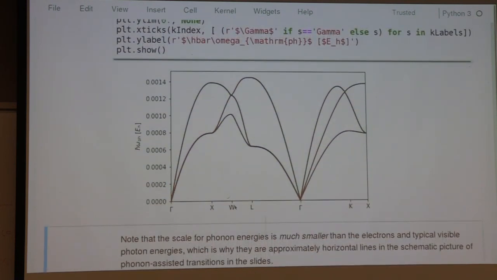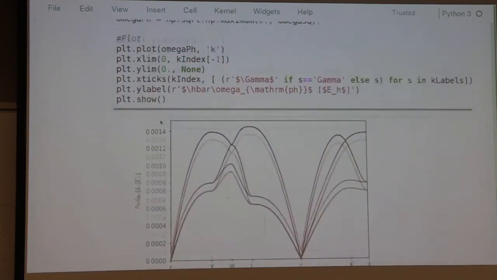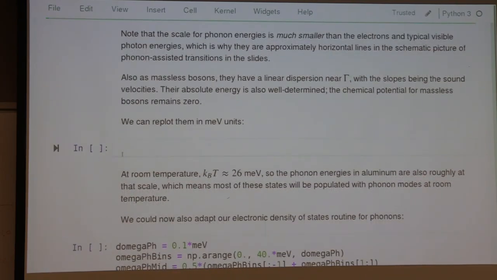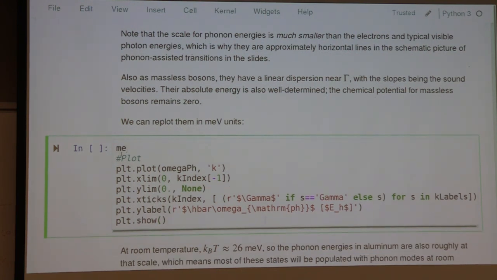And the other important thing is the energy scale. So our electronic energies are on the order of 0.1 to 1 Hartrees, and our phonon energy scales are now about 2 to 3 orders of magnitude smaller, on the 0.001 Hartree scale, right? So if you want to look at it in electron volts, so let me write this.